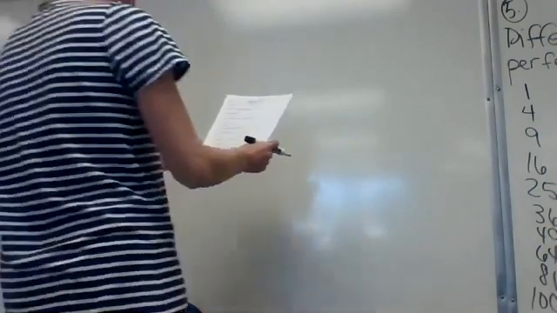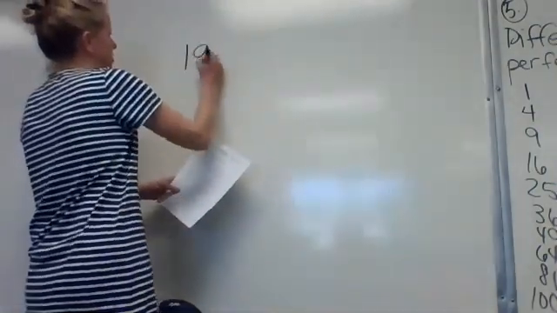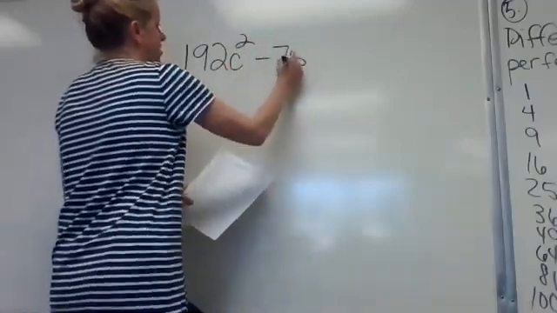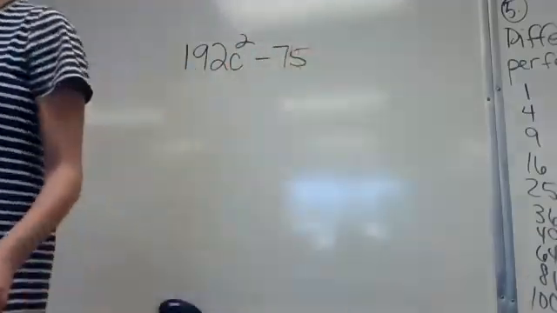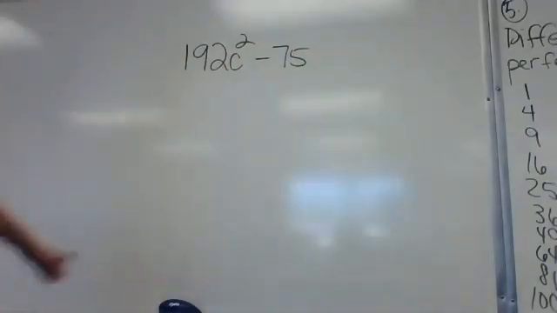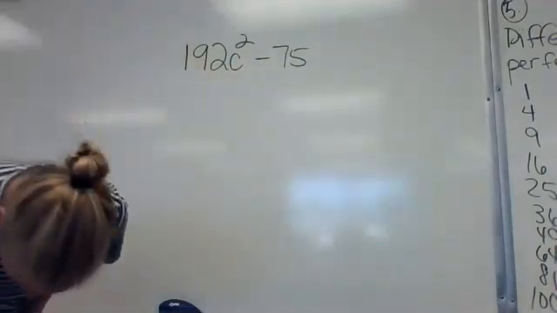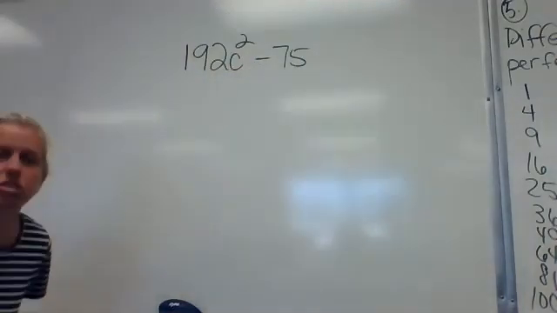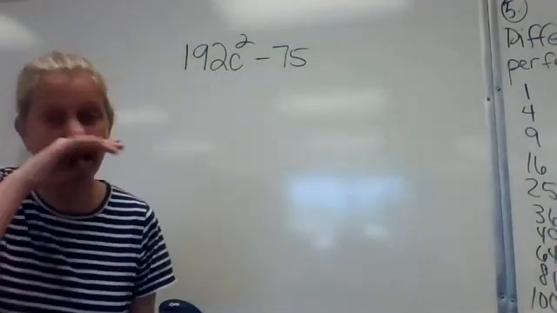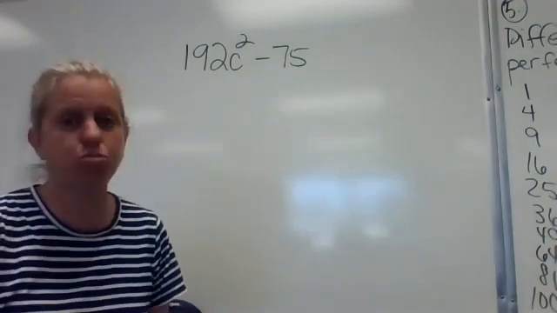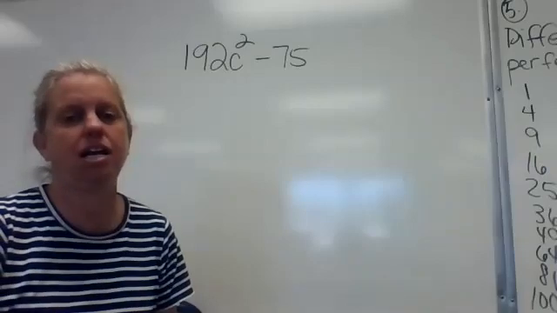Number 5, 192c squared minus 75. So first things first, it's 2 terms, it's got my minus. Neither one of those are perfect squares, but then remember what you always look for first. This one makes me a little nervous because those numbers are so high, I'm thinking there's probably something in common.